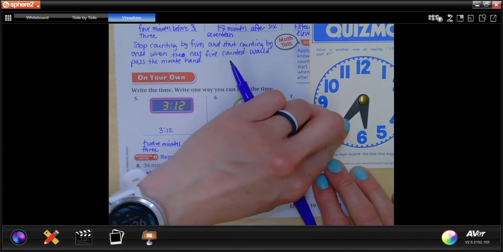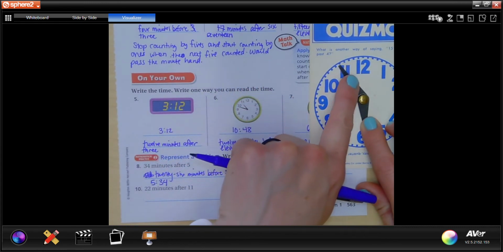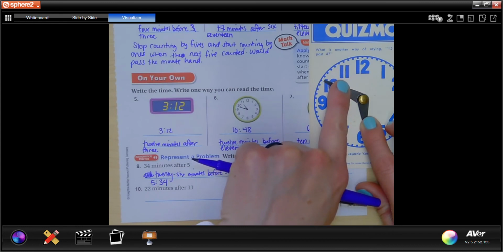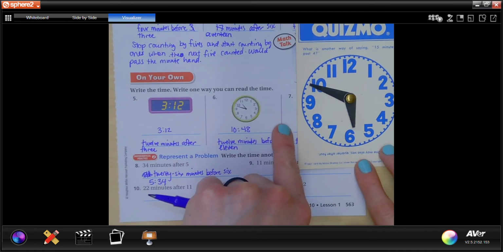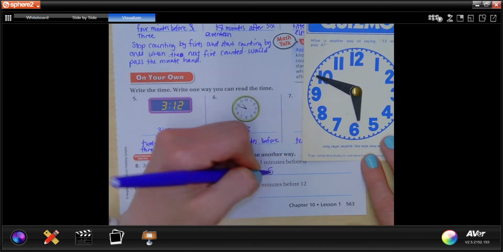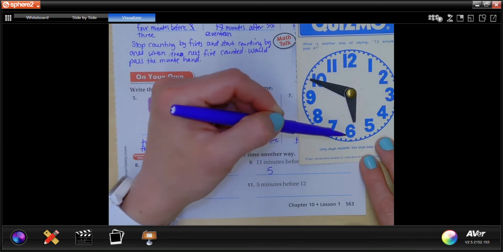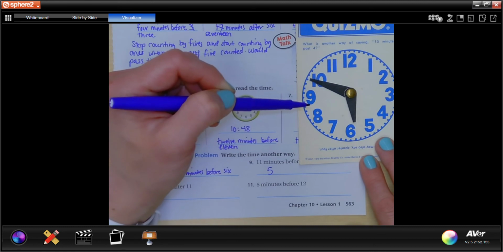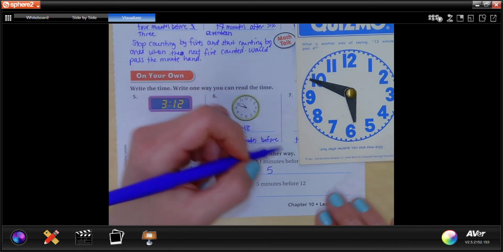So if it's almost 6, it's 11 minutes before, so 5, 10, 11 minutes before 6. It is actually between 5 and 6, so it is 5, 10, 15, 20, 25, 30, 35, 40, 45, 46, 47, 48, 49, 5:49.